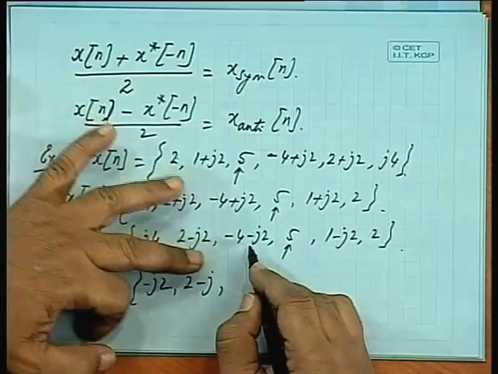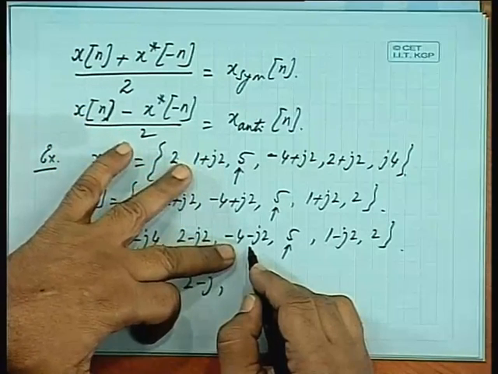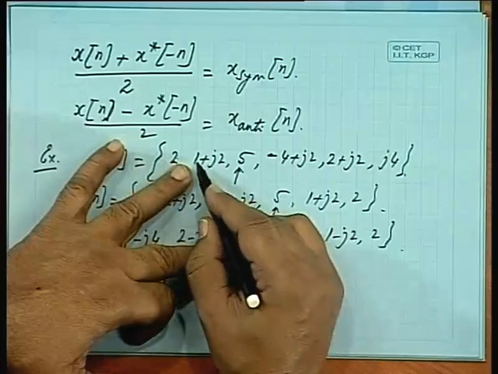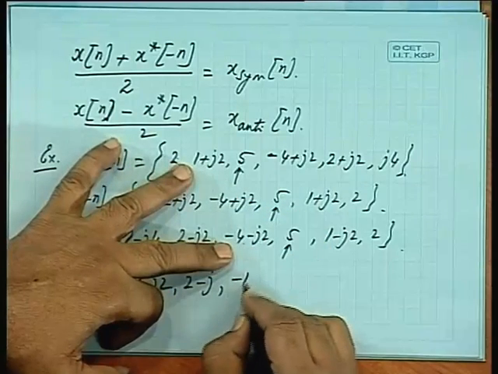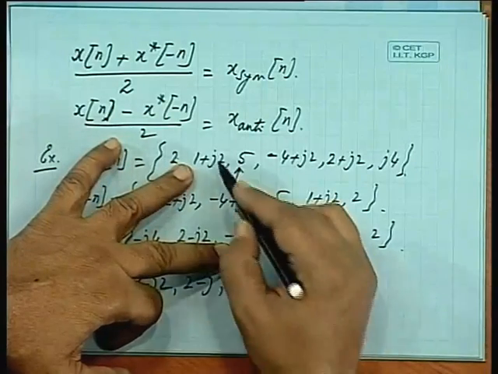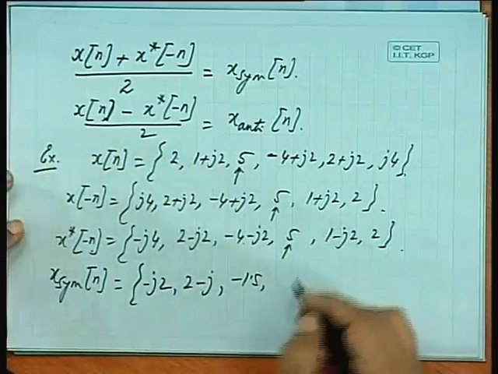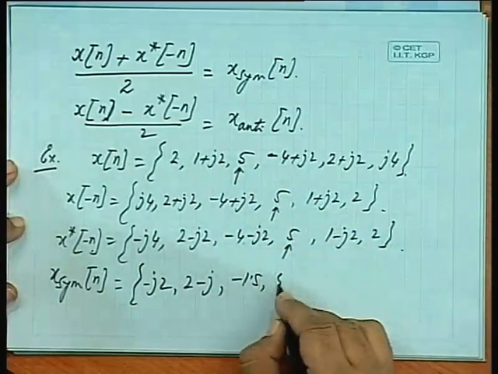Then this and this divided by 2. So, minus 4 plus 1 is minus 3 by 2, minus 1.5, and j2 and minus j2 will get cancelled. Then 5 plus 5 by 2 is 5 itself.